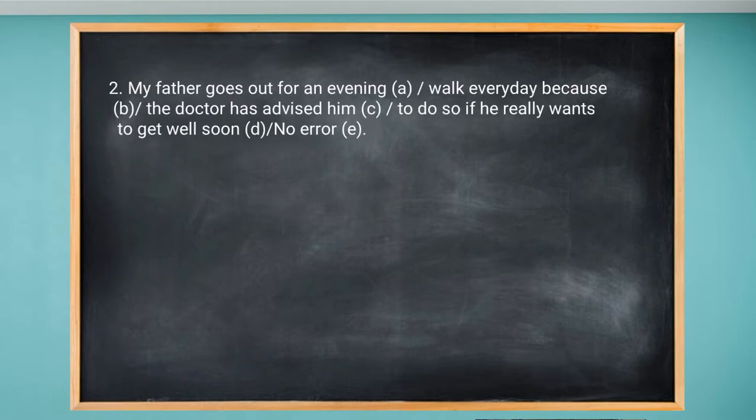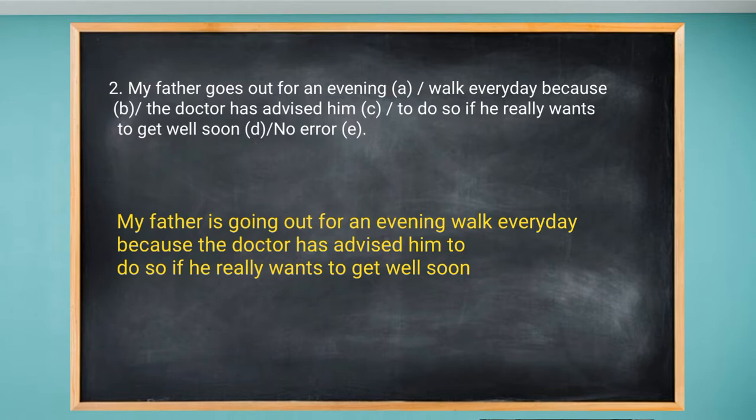My father goes out for an evening walk every day because the doctor has advised him to do so if he really wants to get well soon. The sentence seems right here, but part A of the sentence is wrong, that is goes out, the verb. Words like always and every day are used generally in present indefinite tense. So it is right according to the rule.